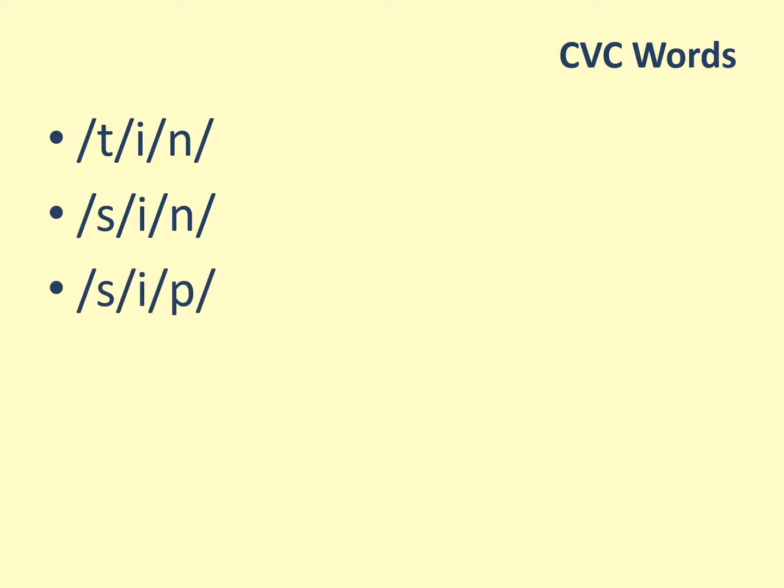Quite often in phonics teaching we talk about CVC words, CCVC words, CVCC words. C is consonant, V is vowel. So here we have "tin", t, i, n. Consonant, vowel, consonant. "Sin", s, i, n. Consonant, vowel, consonant.